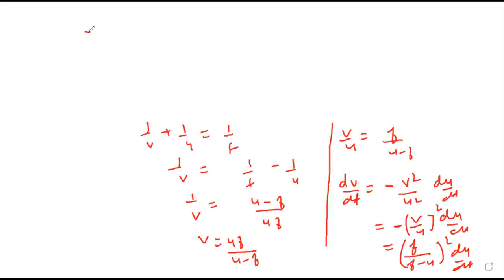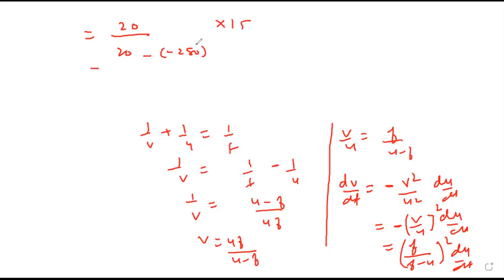Now putting the values. F is given as 20, and the object is on the left hand side, so minus of minus 280, into du by dt, which is 15.